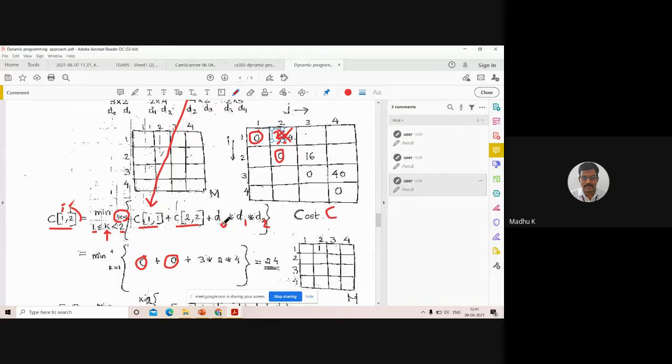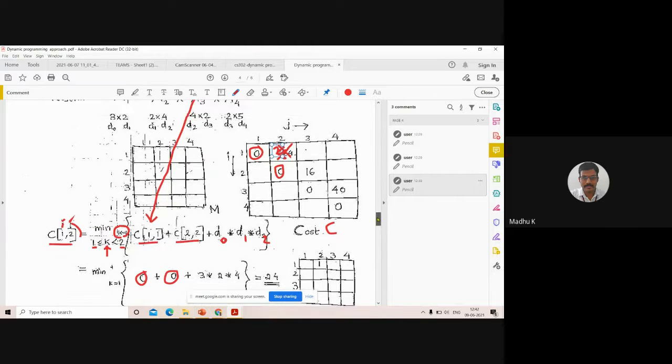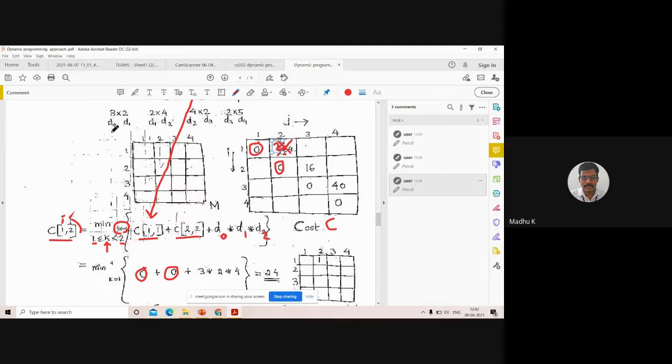Next, what is D0? Already I told, if a matrix is given in this way, this is D0. D0 is 3. And D1 is 2.